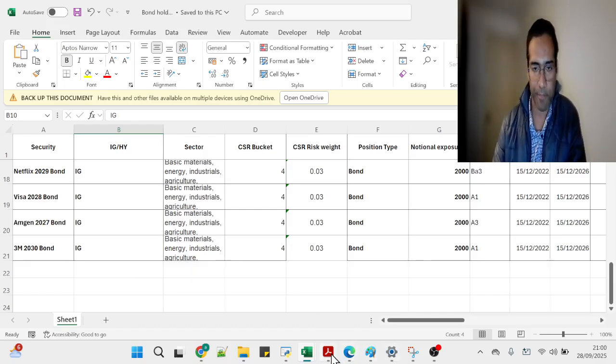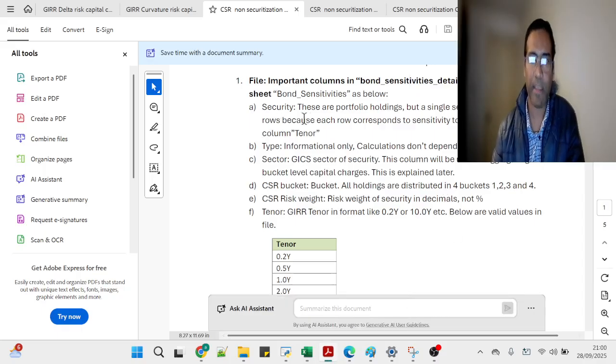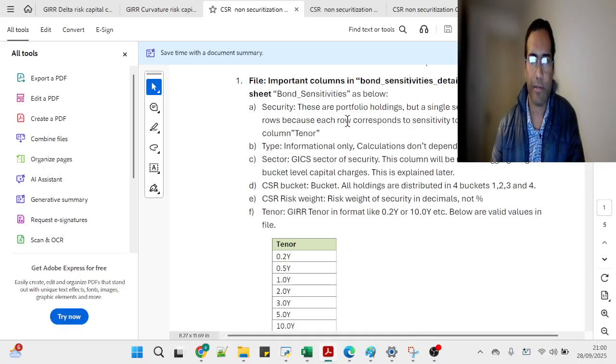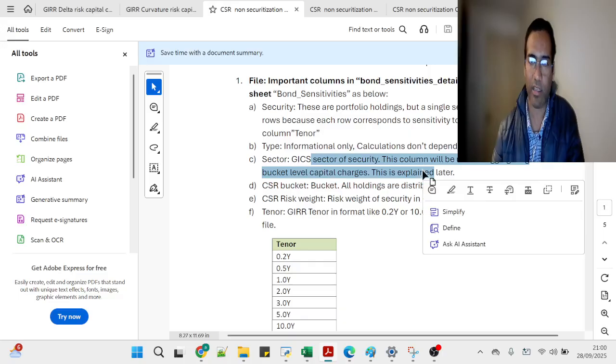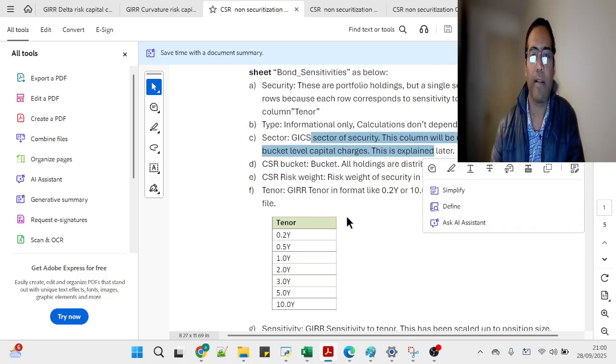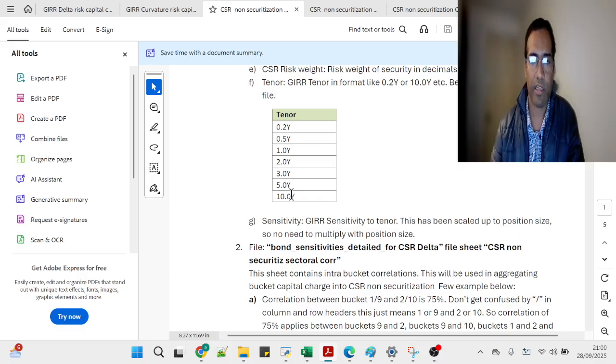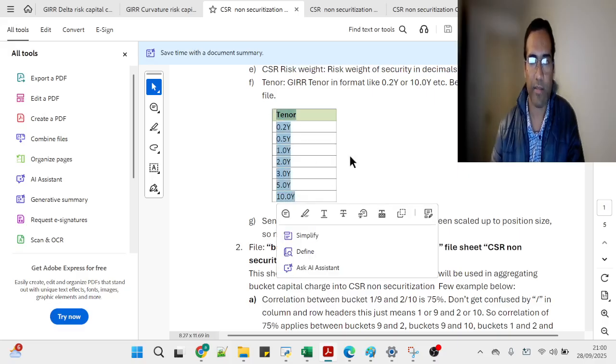So let's see what it is. We have already discussed risk weights and buckets. This is the sector I was showing you. Then we go down, and these are the tenors for the CSR.